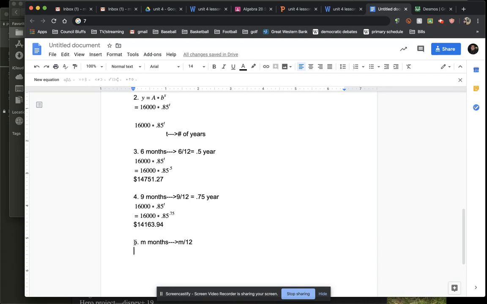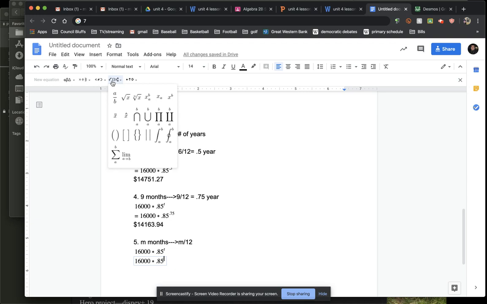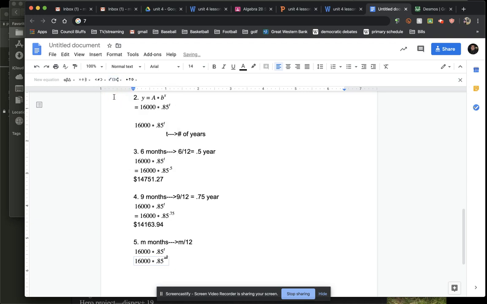The way that equation is going to look, if I take my original equation that was in years, I can convert that to months by changing the exponent from t to m over 12.